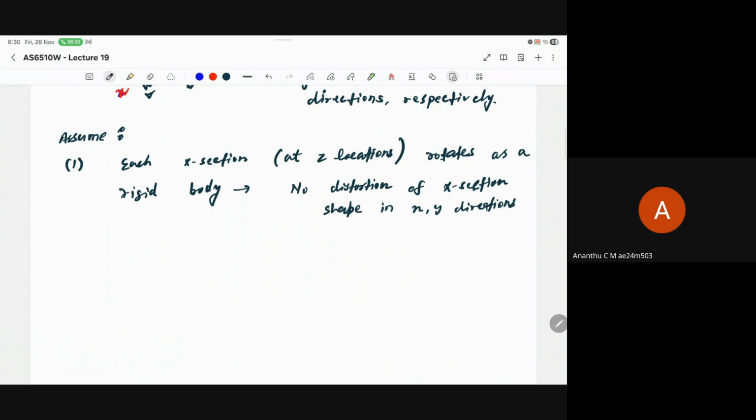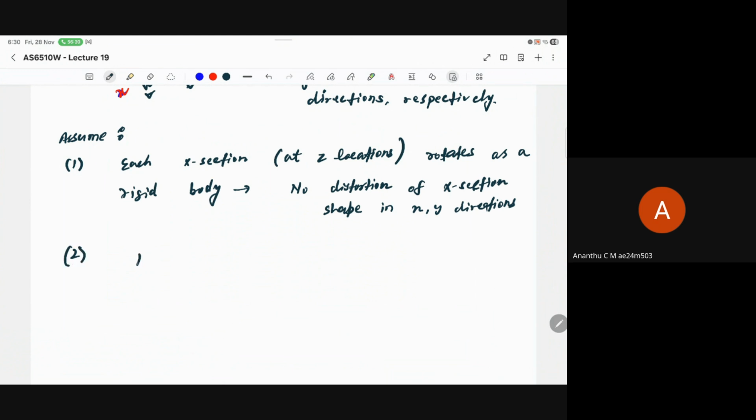So the cross section is not going to change. That is the condition. Every cross section will just rotate, and even after you apply torque, there will be twisting deformation, but the cross section that was there originally is not changing. We have the same cross section.